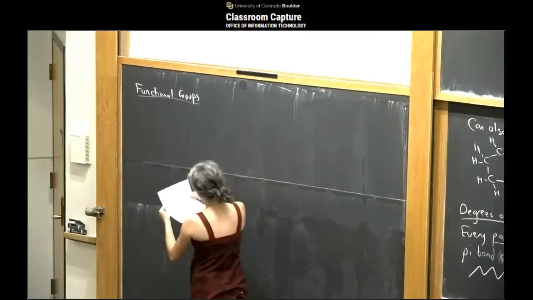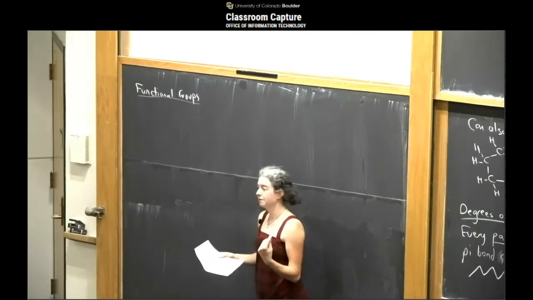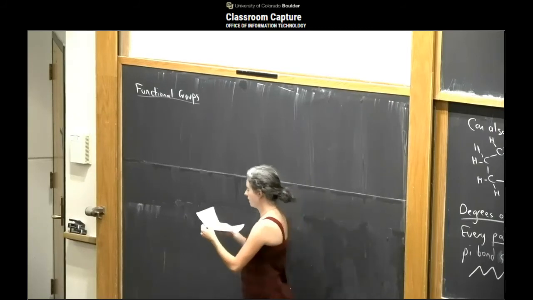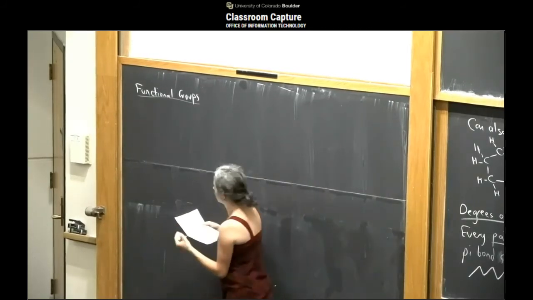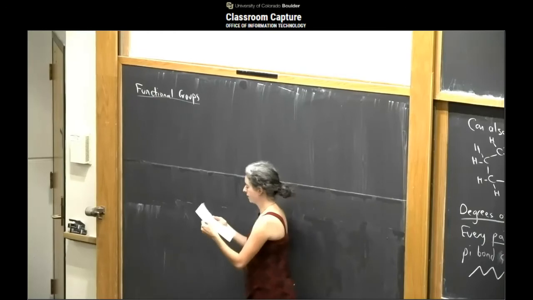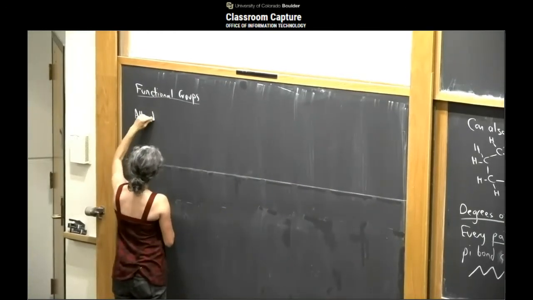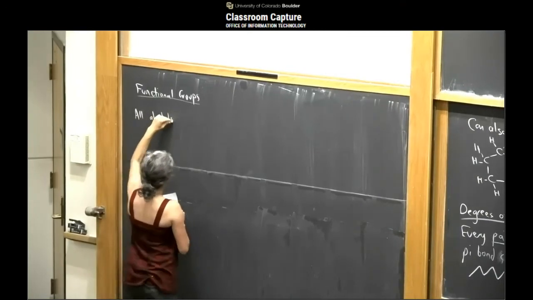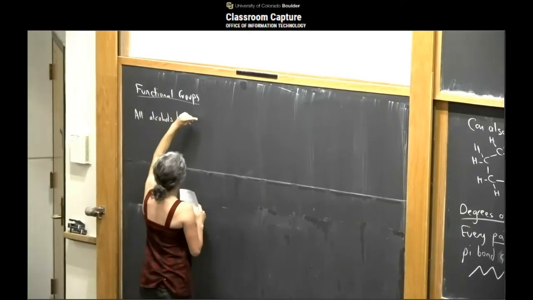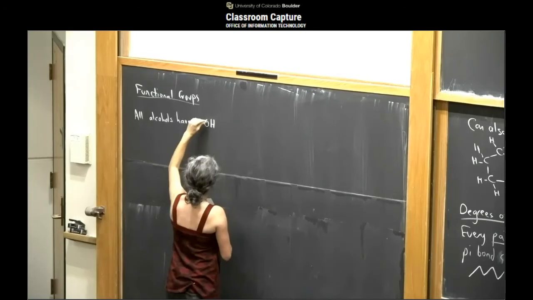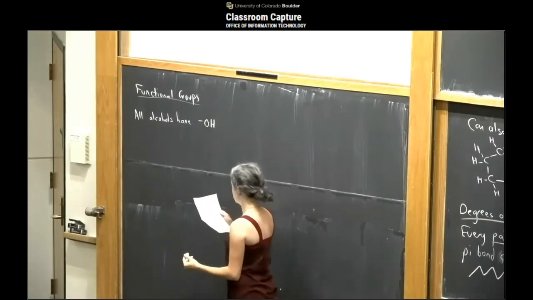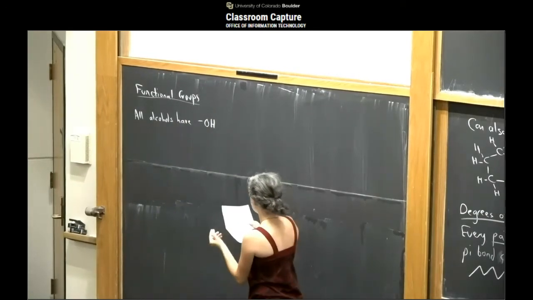So functional groups are small groups of atoms that behave in a particular characteristic way, usually with not a whole lot of regard for what the rest of the molecule looks like. For example, all alcohol molecules have an OH group attached to them, a hydroxyl group.